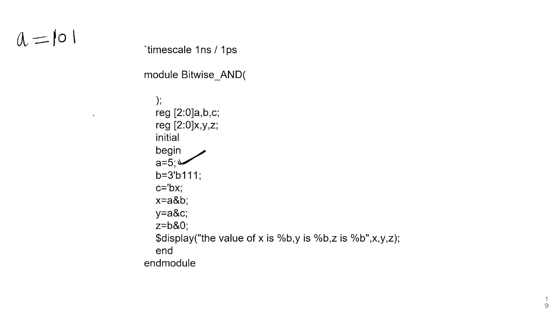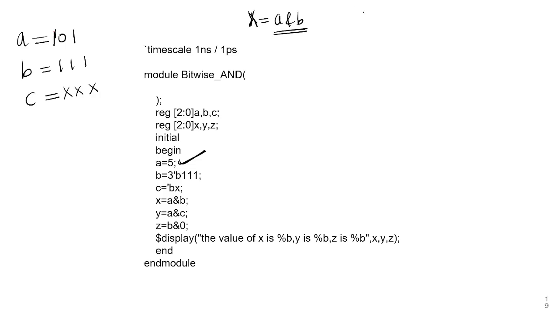It will take as 1 0 1 0, and B equal to what? 1 1 1, and C equal to x x x. Okay, so that means here y equal to x equal to A bitwise and B.